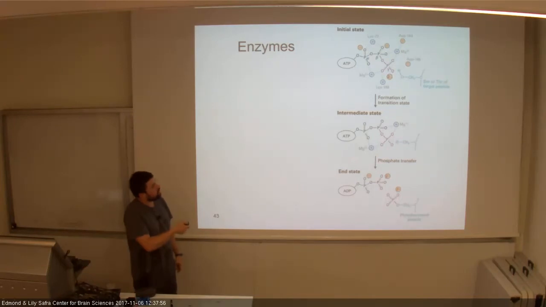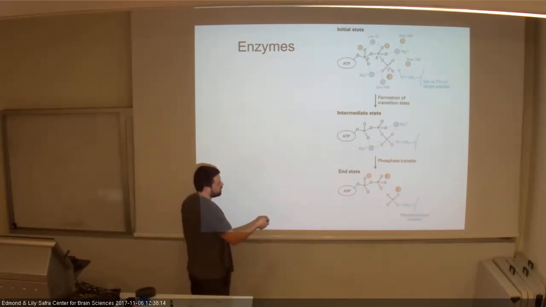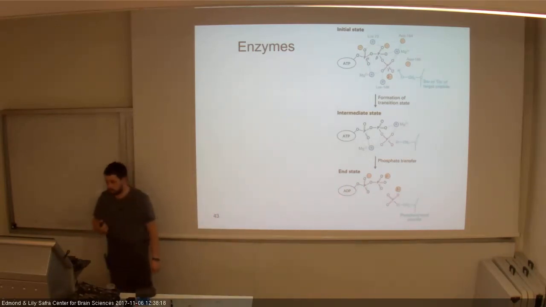Inside the core of the enzyme, these negative charges are being cancelled out so that the oxygen can come in close proximity to the phosphate. In the next step, this oxygen is going to steal the phosphate from the ATP and turn it into adenine diphosphate, and not adenine triphosphate, like it was before.